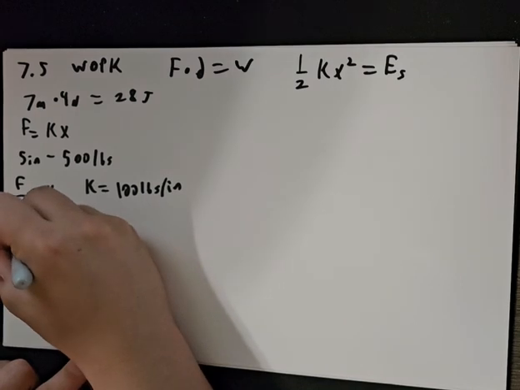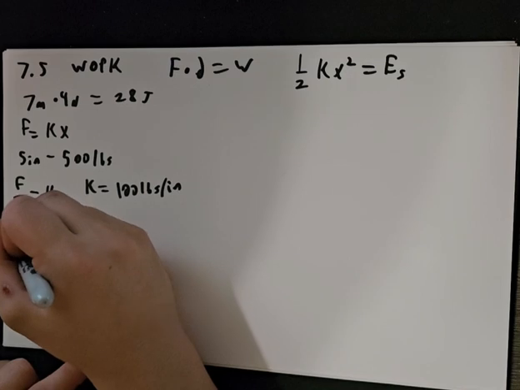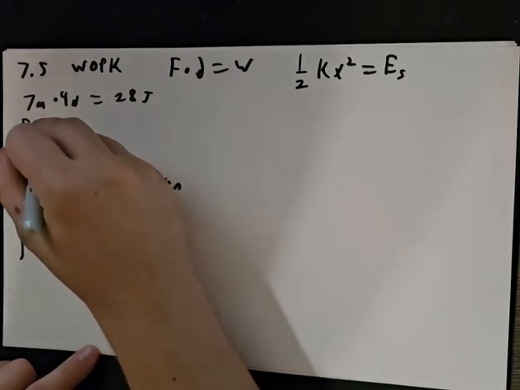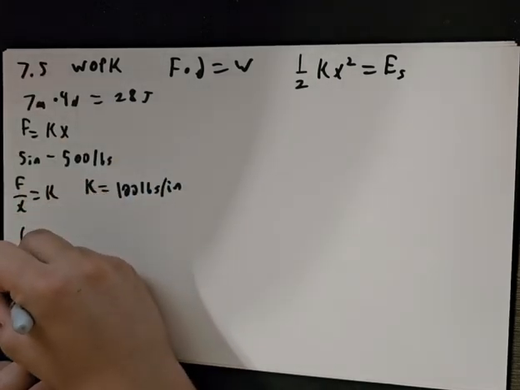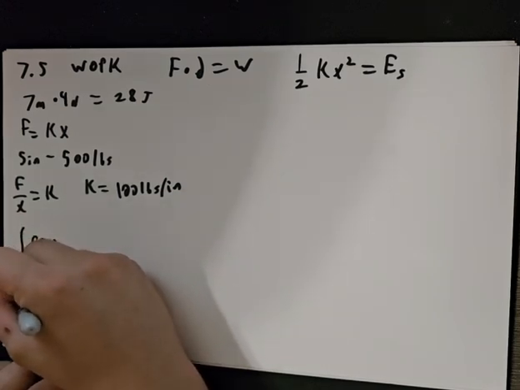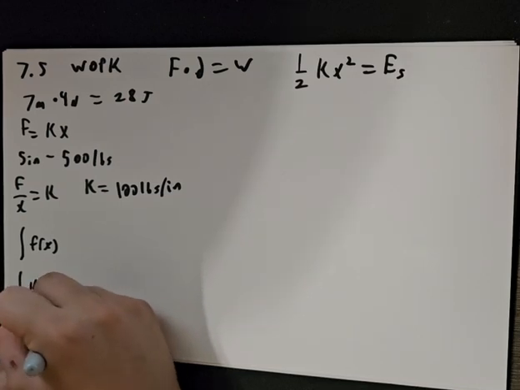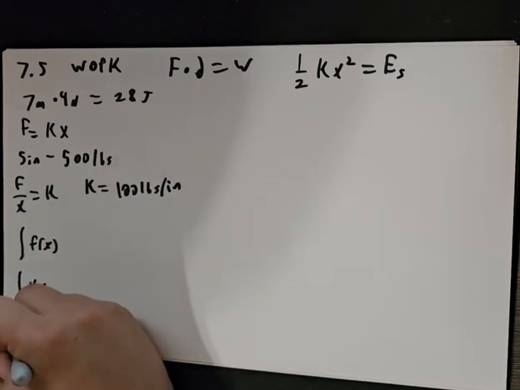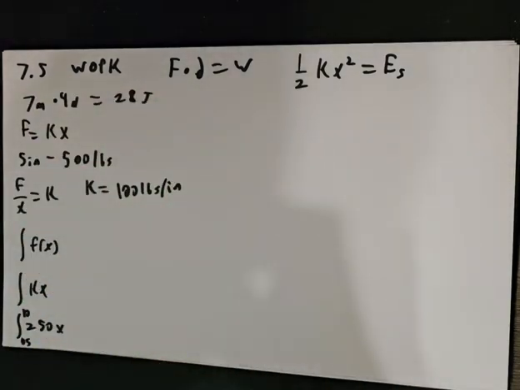We want to integrate f of x, which is the force, so the integral of k times x, which will be the integral of 250x in this case. From the bounds, we start at 5 inches, we want to compress 5 more, so 5 to 10.